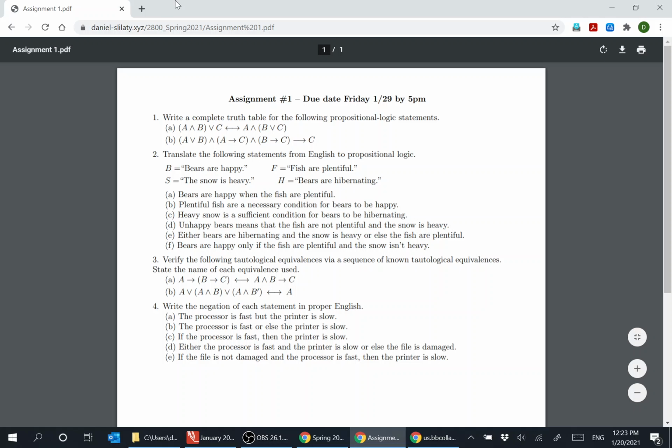So far we've covered number 1, the stuff about truth tables, and number 3 here. I want to do a couple more examples for number 3, and then get into the final bit about translations. Is there anyone that has any questions still about truth tables, about number 1?